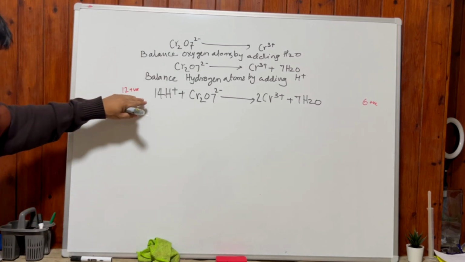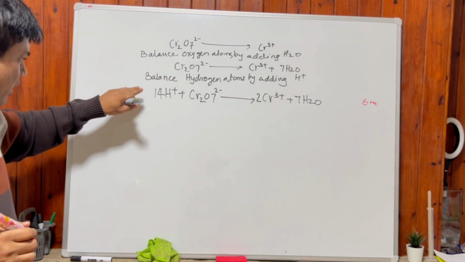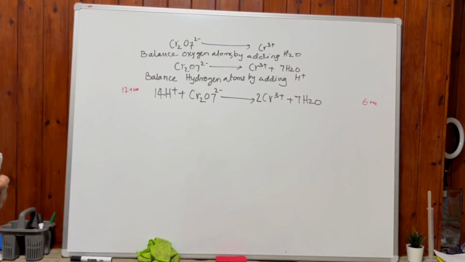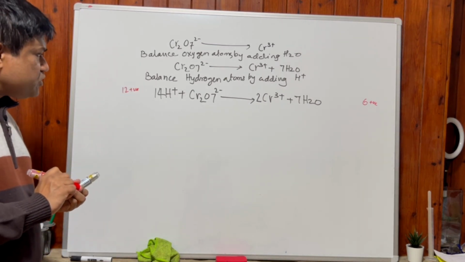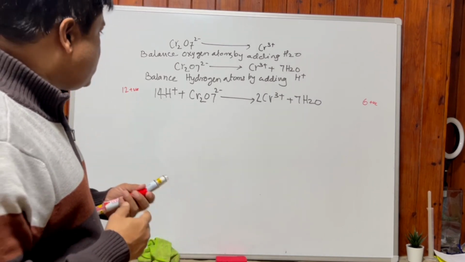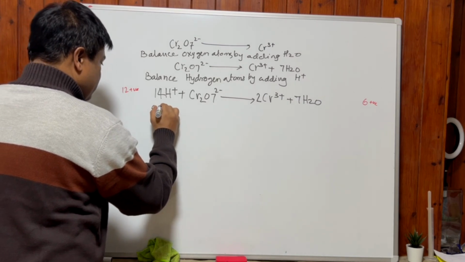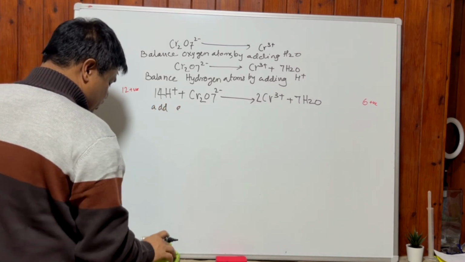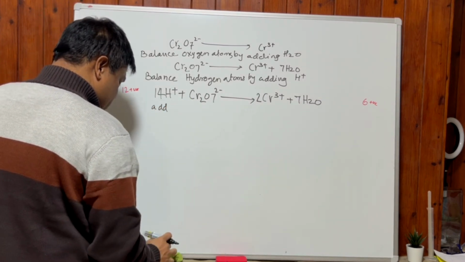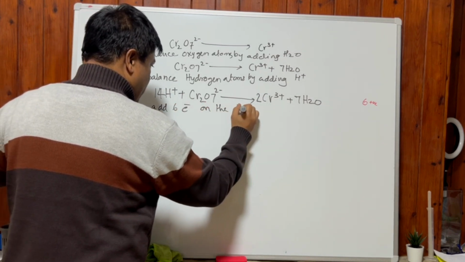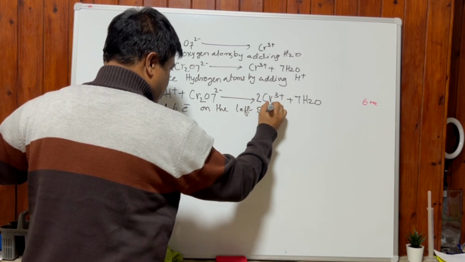So how many positive charges are in excess on the left side? 6 positive. How can we balance the positive charges? By adding electrons. So add 6 electrons on the left side.